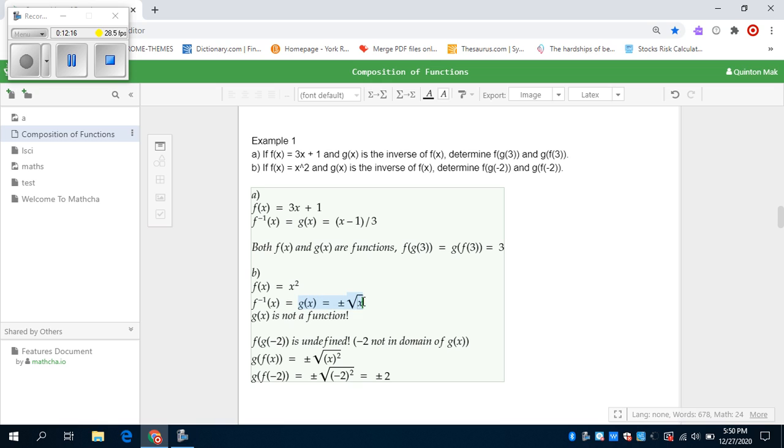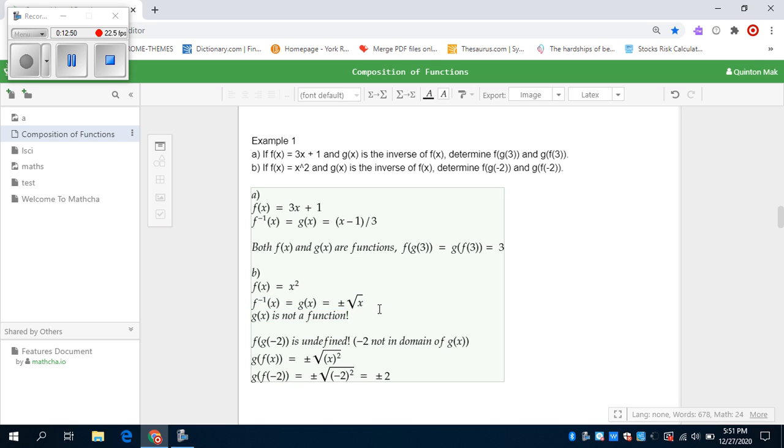So this function is undefined. But if we sub it into g of f of x, it equals this function. Algebraically, you're just subbing in x squared into the square root function. So negative 2 squared is 4, and then the square root of 4 is plus minus 2. So you can see that these two values are not the same because the inverse is not a function.